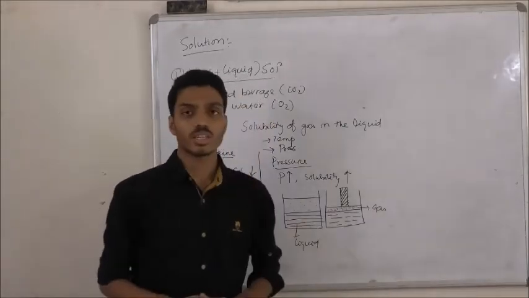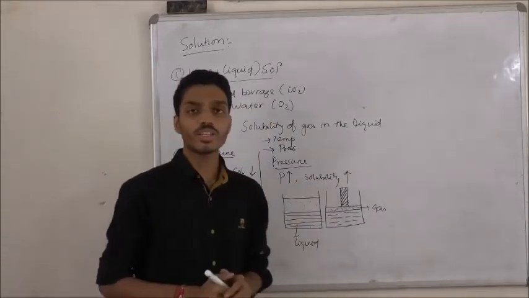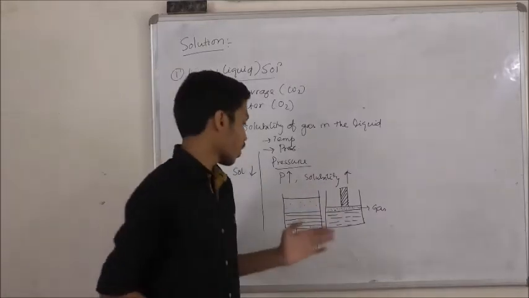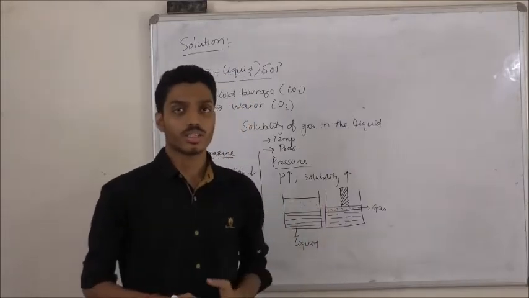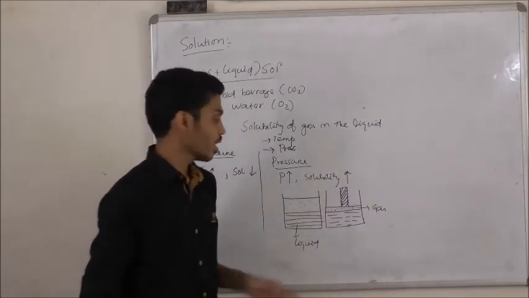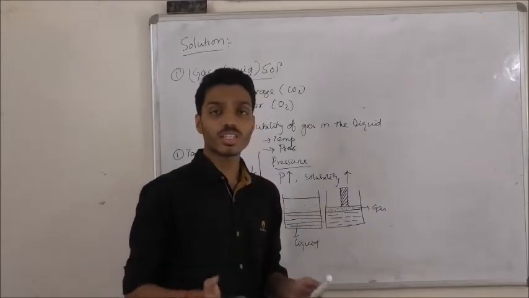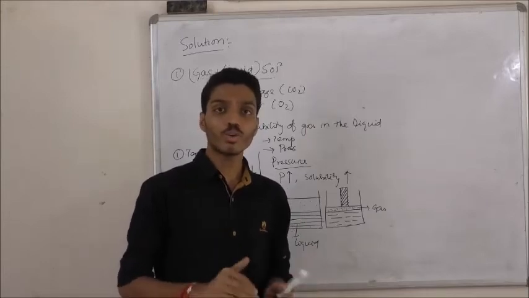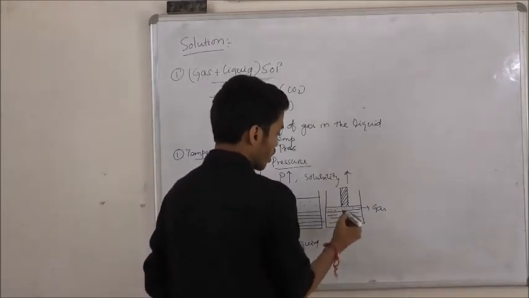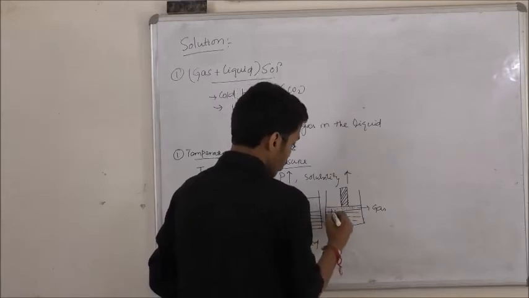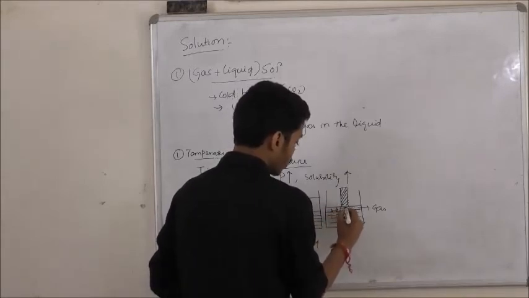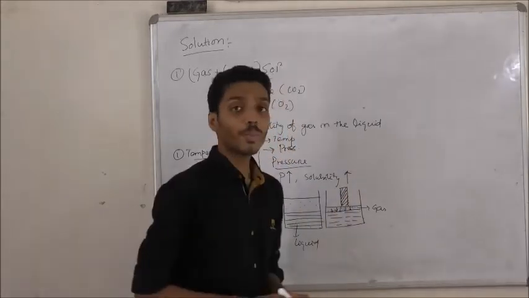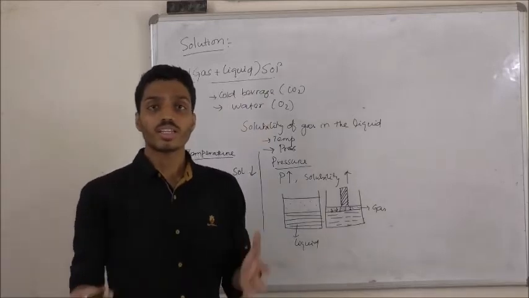See here, what happens when we increase the pressure by compressing the gas to a smaller volume? The density of gas increases, and the rate at which gaseous molecules strike the surface of the liquid to enter into it also increases.